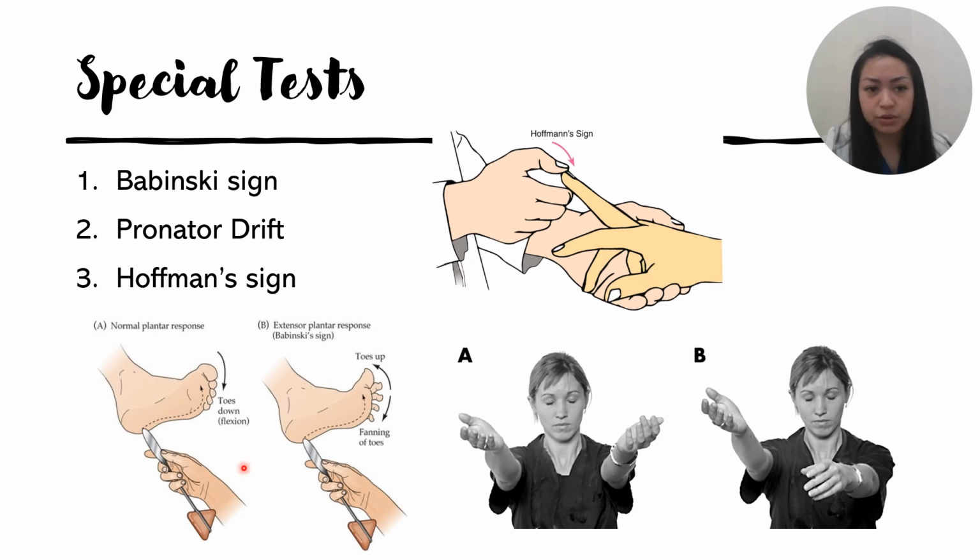I don't know if you're familiar with the Babinski reflex, so let's actually start with that. When you do this maneuver, this stimulates sensory receptors, which then take the information to the spinal cord and act on motor neurons and activate muscles around the foot.